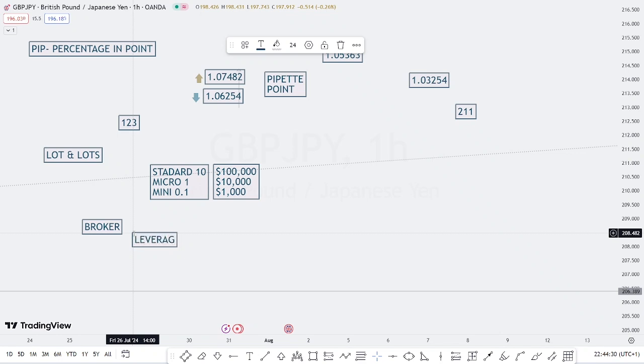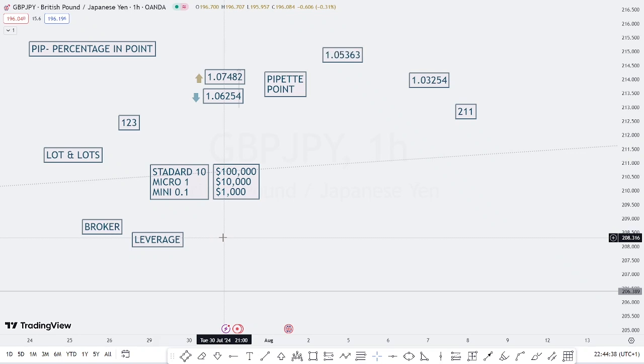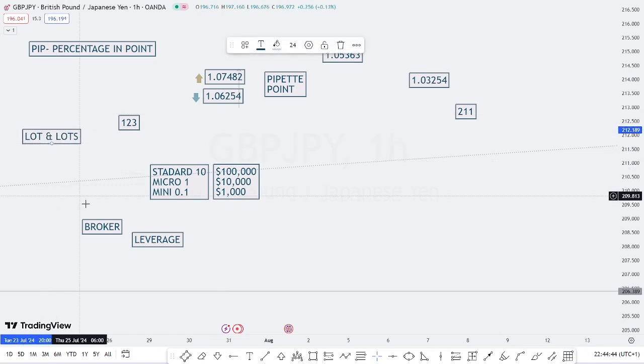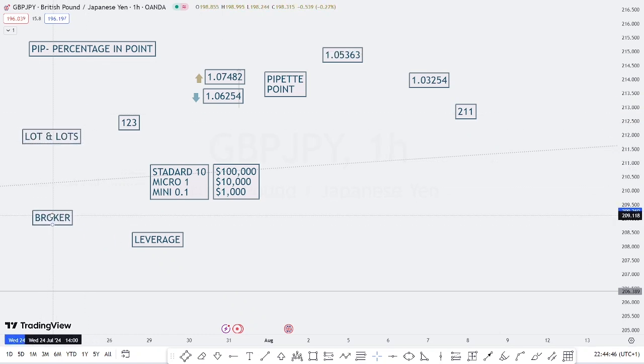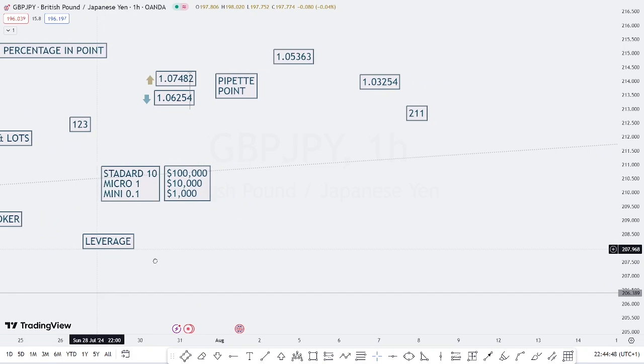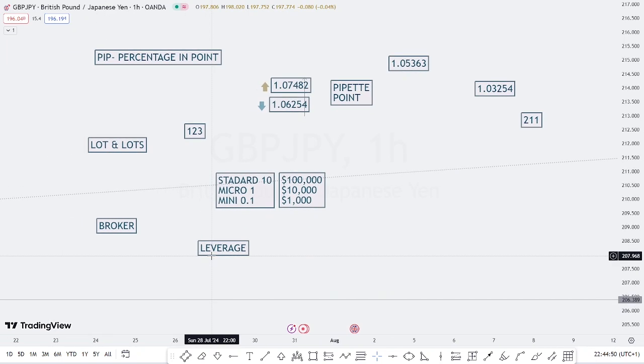From pips, you get lot. From lot, you get your broker. From broker, you know about leverage. That is how they are connected.